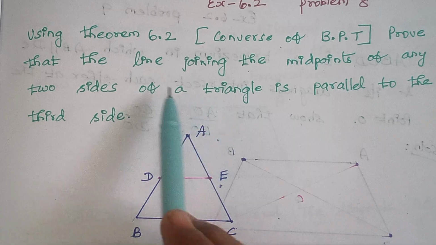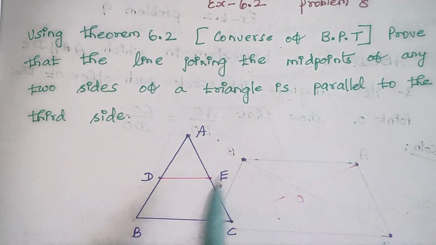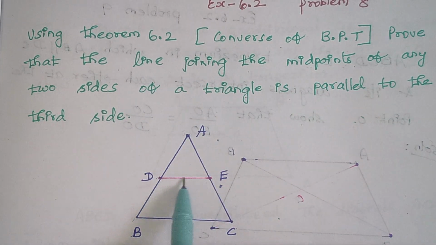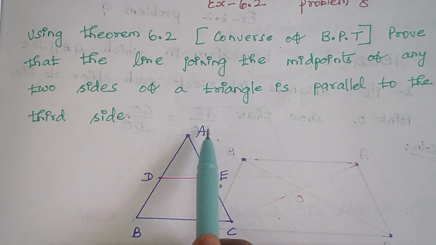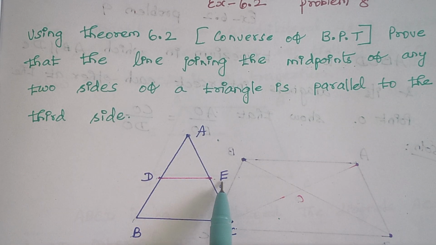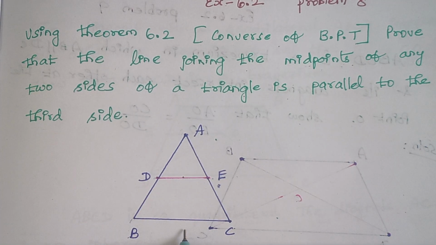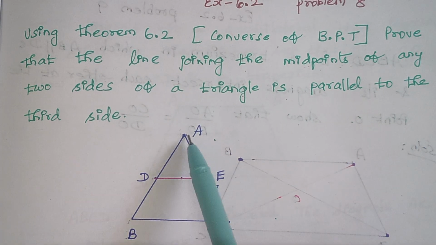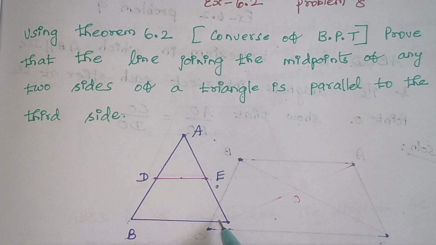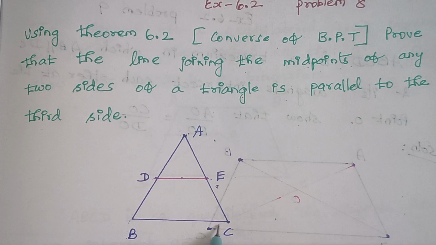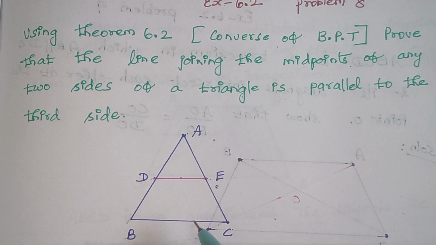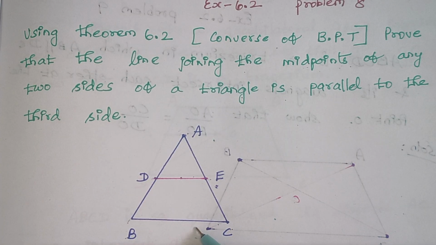So this is the line that joins the midpoints of any two sides of a triangle. This line is parallel to the third side. Previously we considered side AB and side AC. Now what is the third side? BC is the third side. So here we have to prove that DE is parallel to BC.